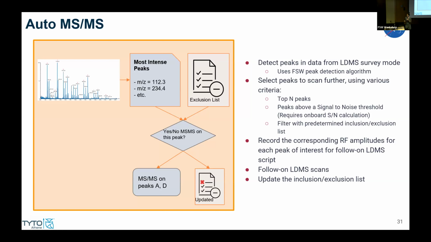And then we'll have an exclusion list. The exclusion list will be, we already performed MSMS on these peaks, so let's not waste time and redo the same experiments. Let's learn new stuff. And then it will be a yes/no question, do we do MSMS? And then we perform this MSMS experiment and update the script. So that seems pretty straightforward.